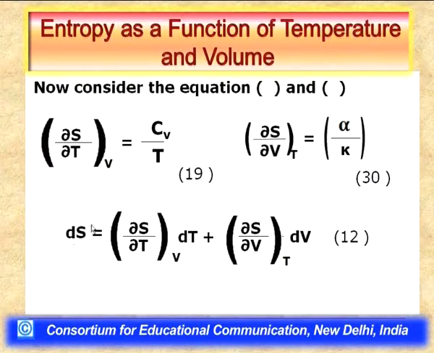So, if we compare equation 19, equation 30 and equation 12, which was the one we had considered, that is, the change in entropy as the rate of change of entropy with temperature at constant volume times the temperature change, plus the rate of change of entropy with volume at constant temperature multiplied by the volume change. Should we not make use of equation 19 to write this differential coefficient as Cv by T, and moreover write del S by del V at constant T as alpha by kappa, making use of equation 30?